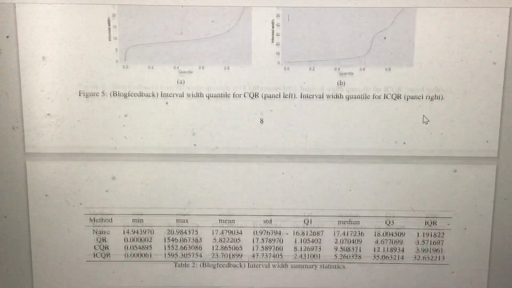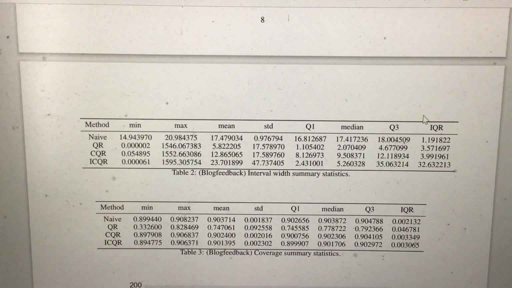Okay, so we can see this is the average length. So we can see the quantile regression.